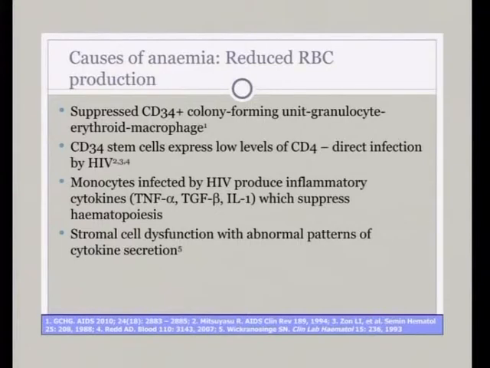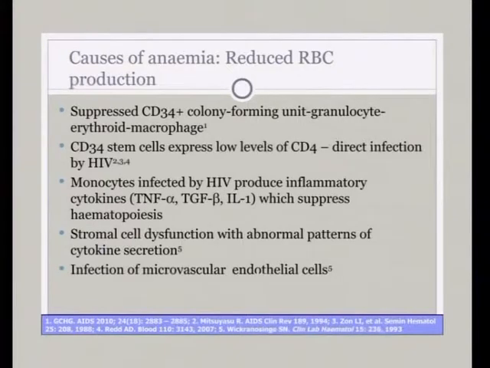So you also get tumor necrosis factor alpha, interleukin 1, and so on, which are inflammatory cytokines produced by the monocytes. All of these things are not conducive to normal hematopoiesis, bedeviling this, in fact. And then also, vascular endothelial cells are part and parcel of the stromal cells of the bone marrow, and they are also directly infected, aggravating the situation.